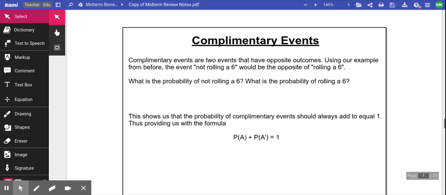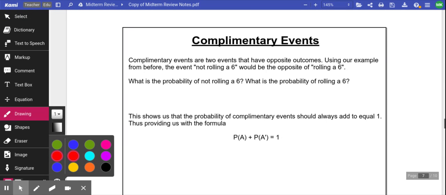This question is talking about the probability of rolling a 6 and not rolling a 6. The probability of not rolling a 6 would be 5 out of 6. The probability of rolling a 6 is 1 out of 6. These are complementary events, meaning they're opposites, right?